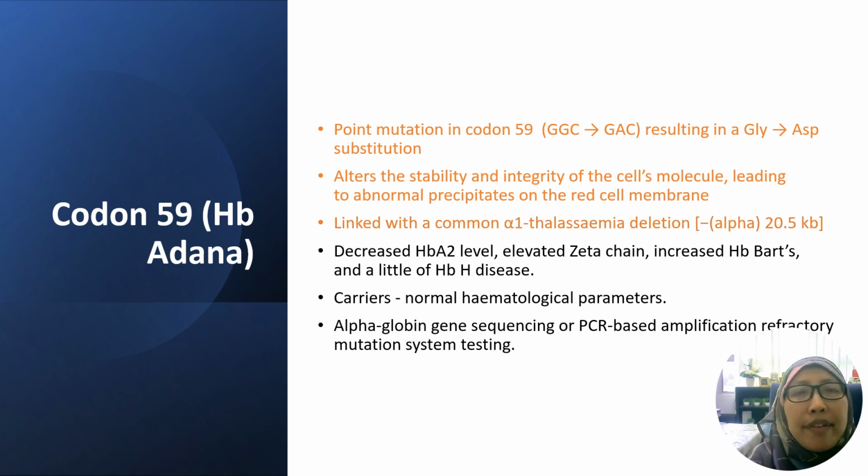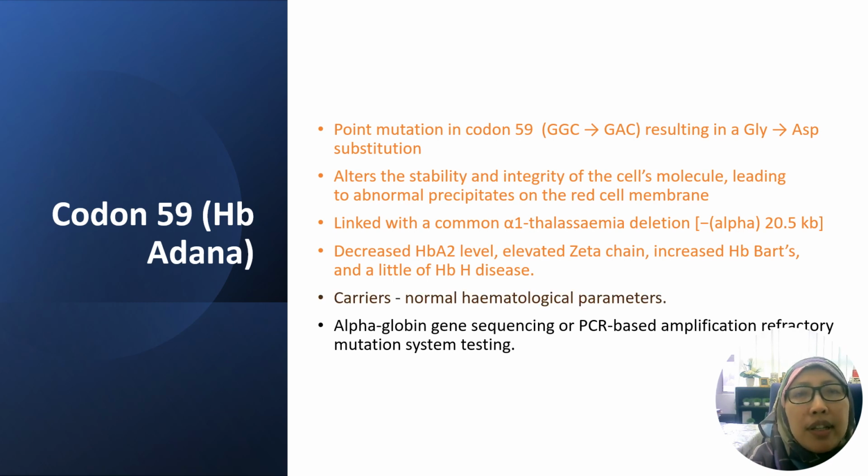This mutant variant was reported to be linked with a common alpha-1 thalassemia deletion that results in a severe form of HbH disease with anemia. It is characterized by decreased HbA2 level, elevated zeta chain, increased Hb Bart's, and a little HbH disease.